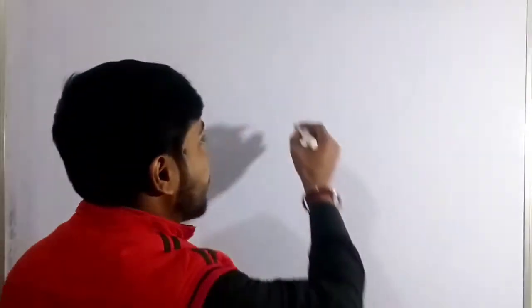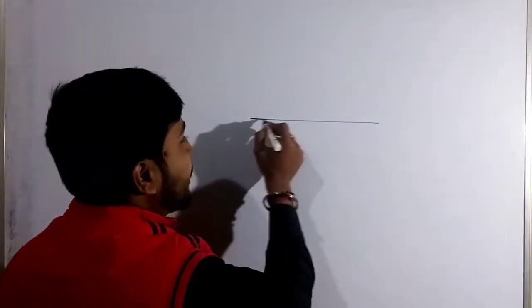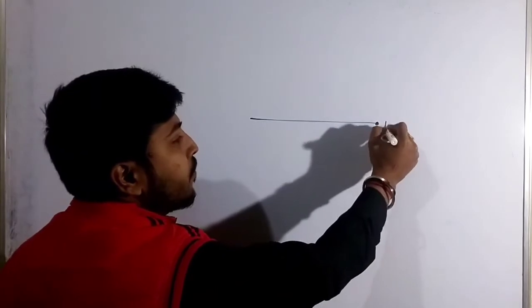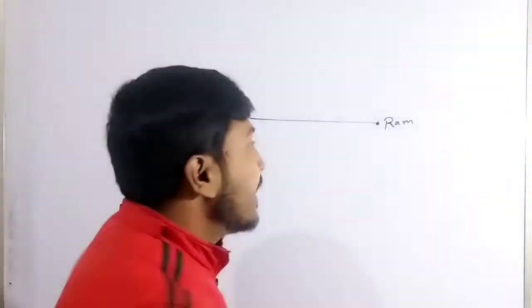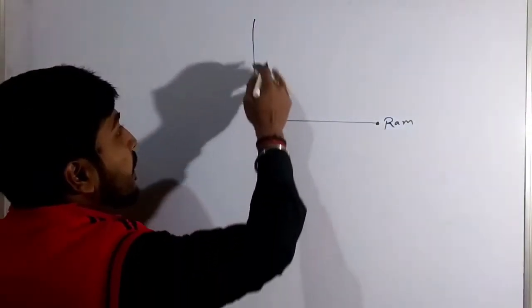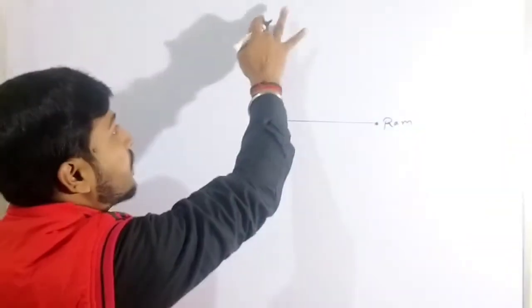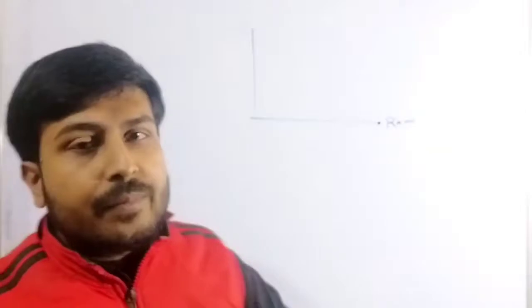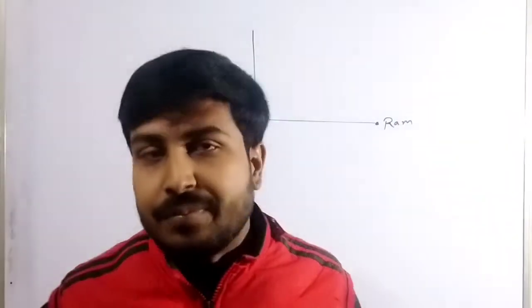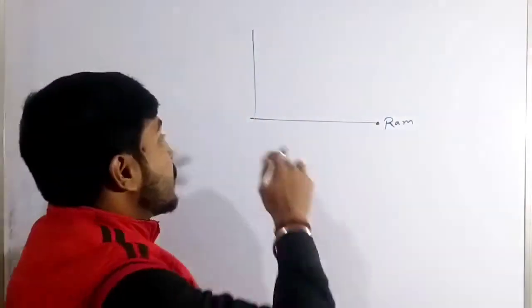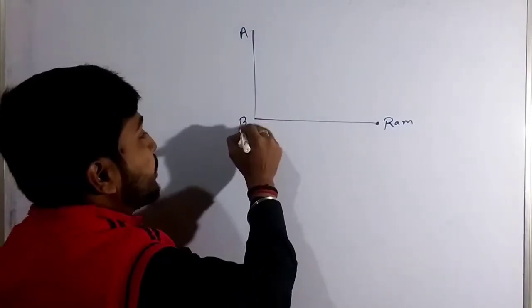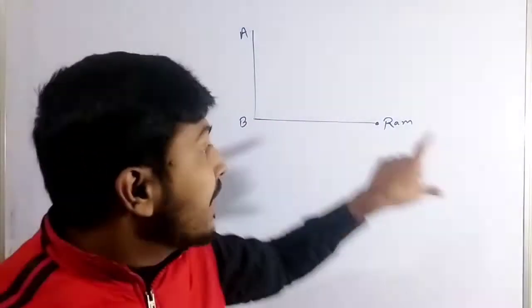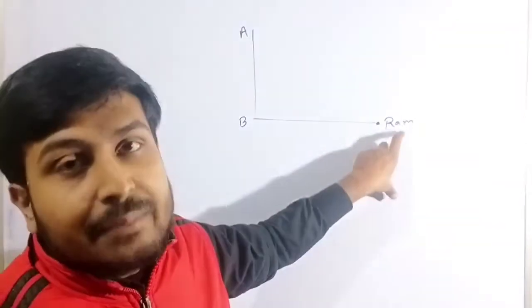Okay, so just suppose here is a person, Ram. Okay, and this is a tower where Ram actually wants to climb. So this is the tower AB, and here Ram stays.